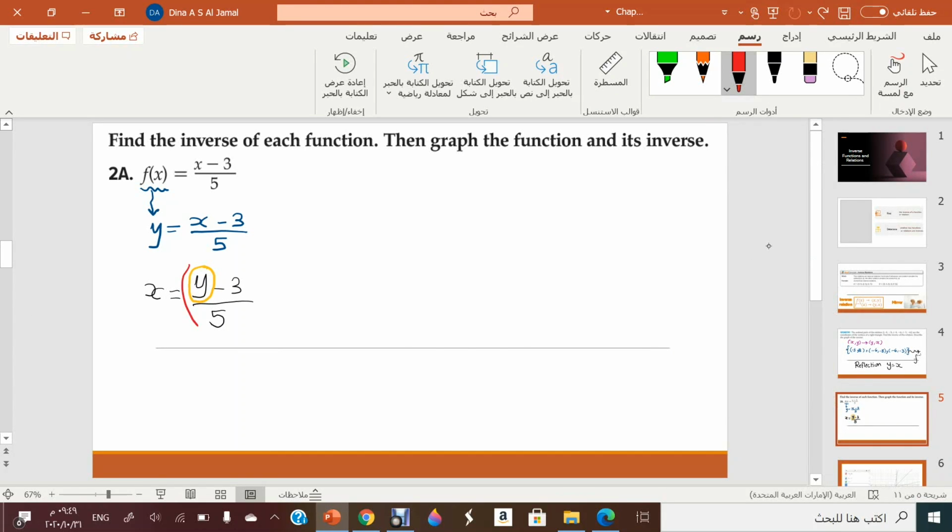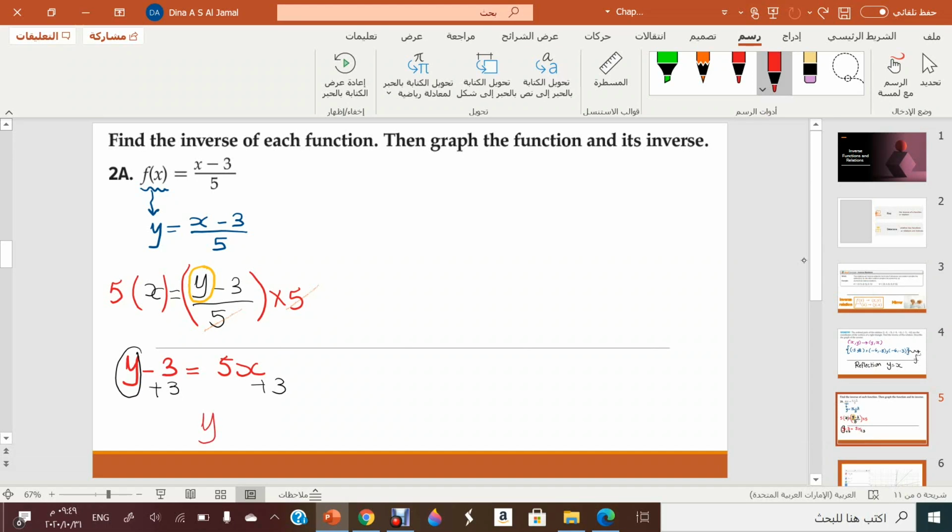Multiply each side by 5. So let's cancel this one with this one. You will be having y minus 3 equals 5x. Then again, I would like to keep my y alone, plus 3, plus 3.